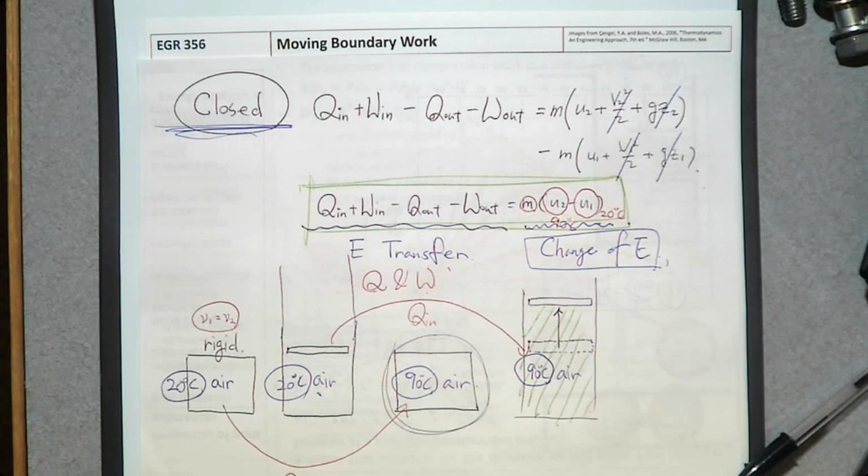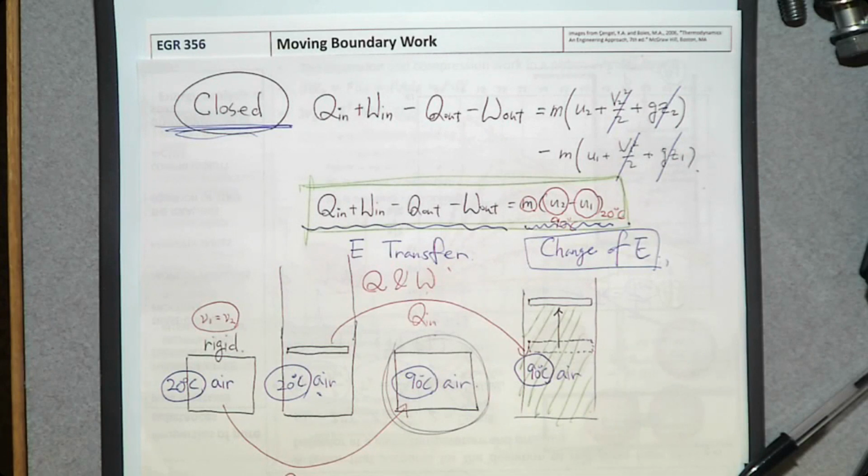How much work is needed to move the piston? Think about mechanical energy. So we are pushing this piston. So this object, this piston, is moving. That means that work is given.